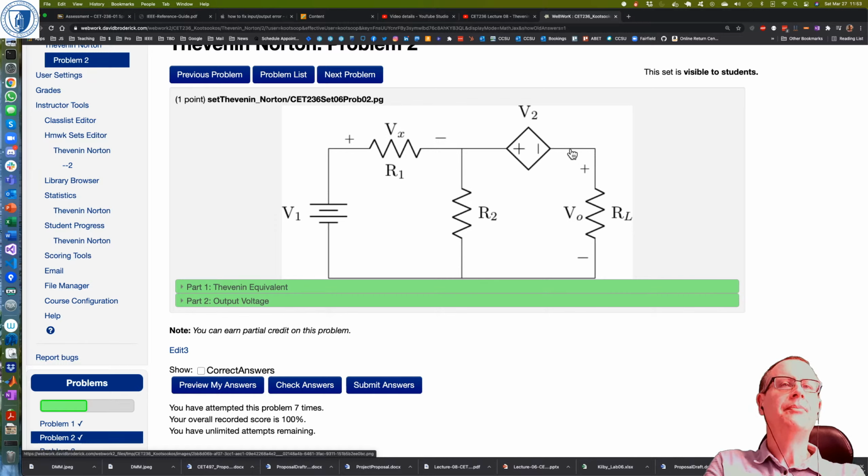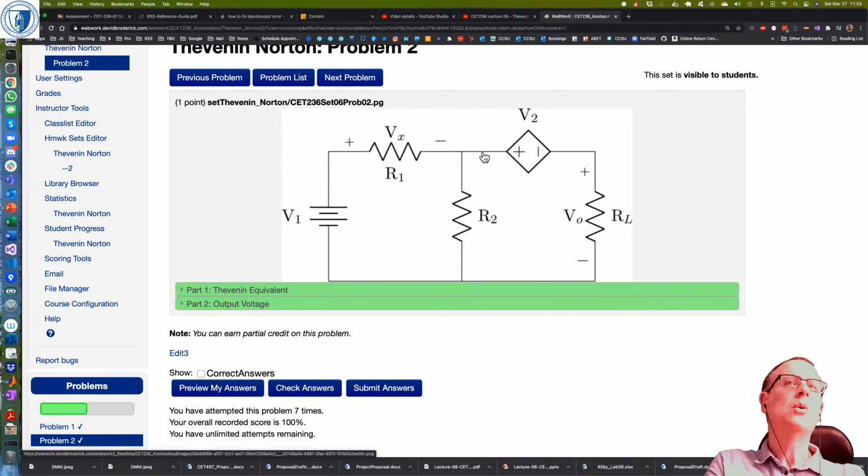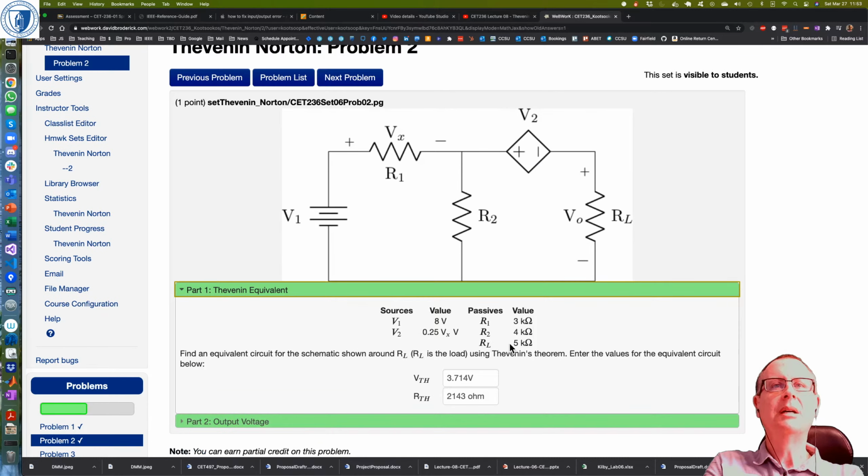Because, well, it's not quite true. The open circuit voltage would be the voltage measured here when we remove the load. But we've got two things. This is a voltage source itself. It's a dependent source. Let's see what it's dependent on. It's dependent on Vx.